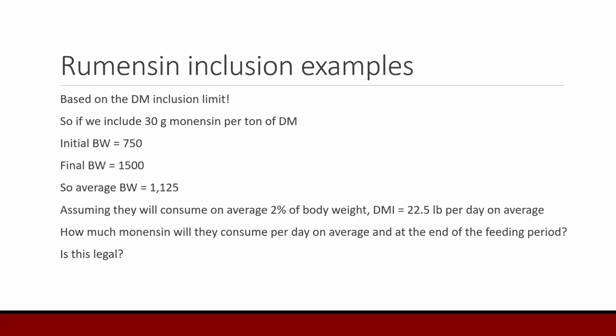At the end of the feeding period, they're eating more Rumensin than what would be beneficial. Okay, so you kind of have an opportunity loss on both ends by not having a micro machine. That make sense? But most people with small feedlots that don't have a micro machine, that's what they'll do.